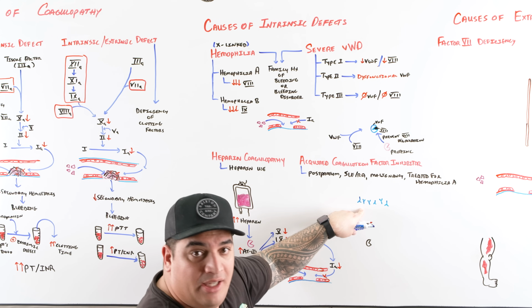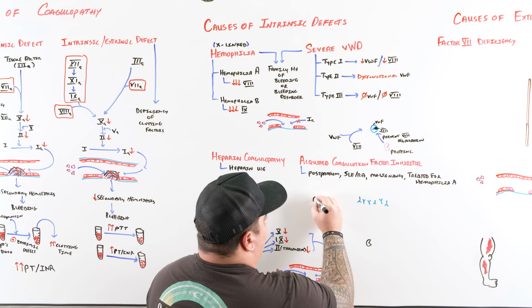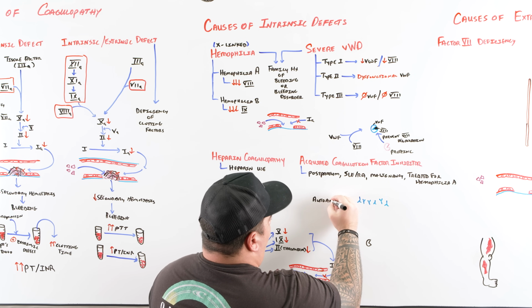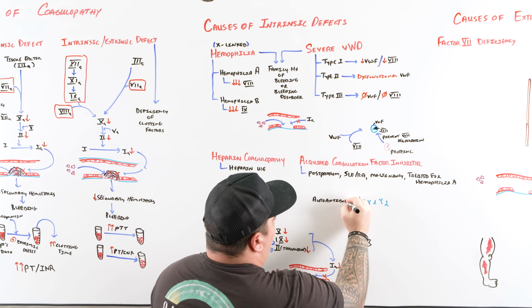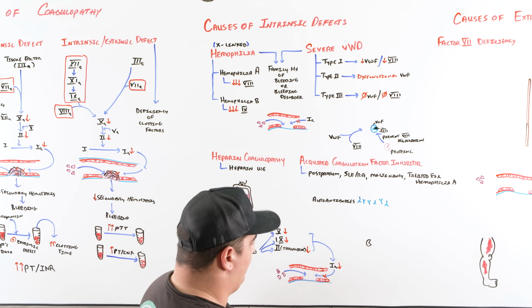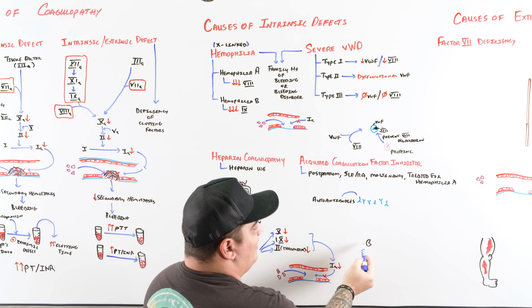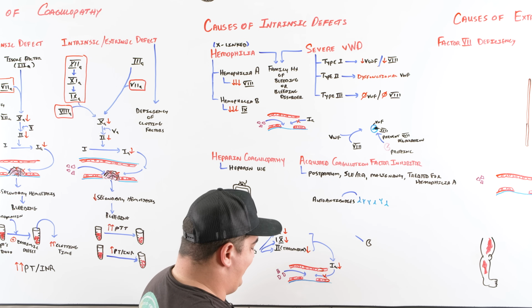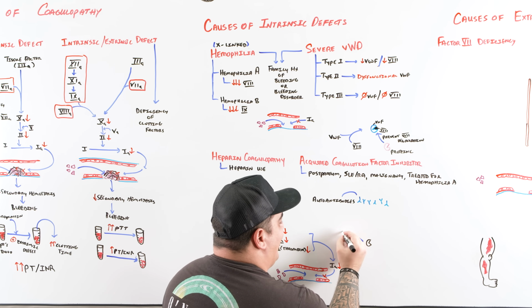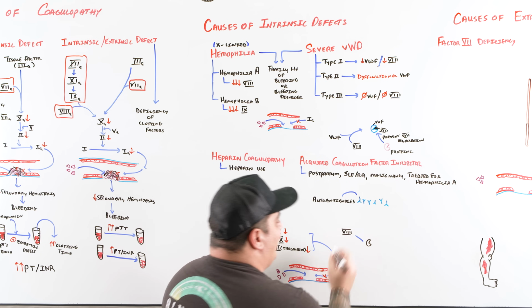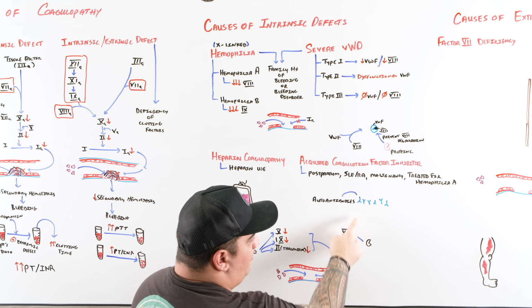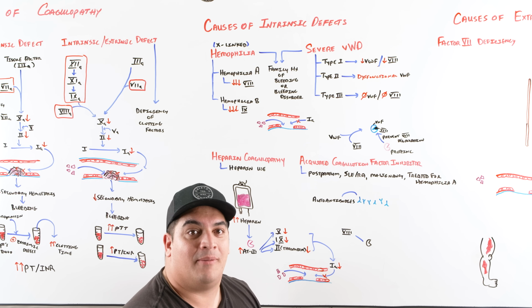they may generate autoantibodies. So these are autoantibodies. And guess who these autoantibodies are going to be directed against, my friends? They're going to be directed against this guy. What's this guy? This guy's factor 8. And so factor 8 is really important in being able to do what?